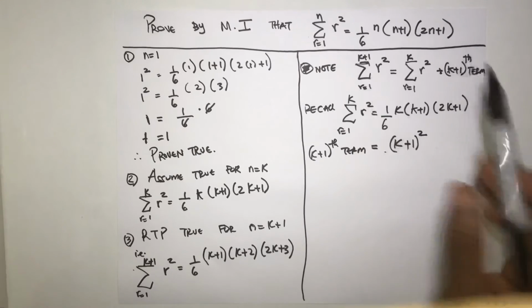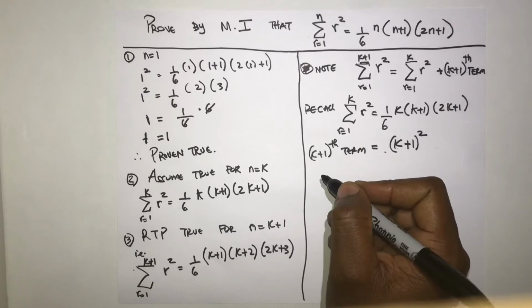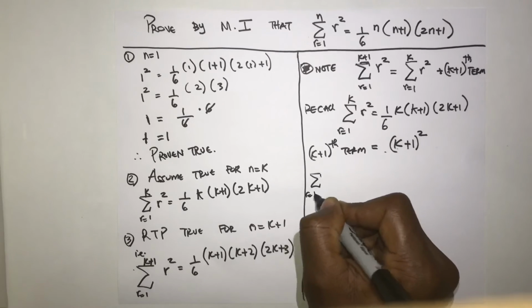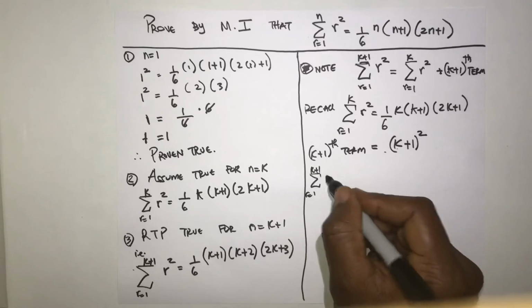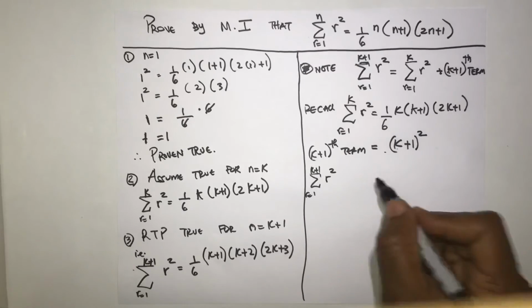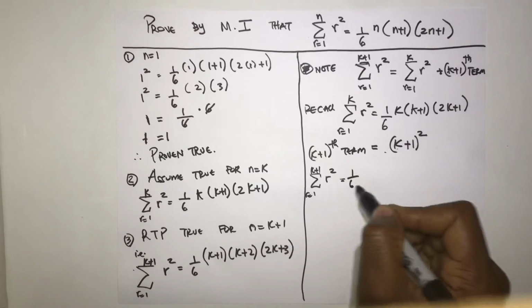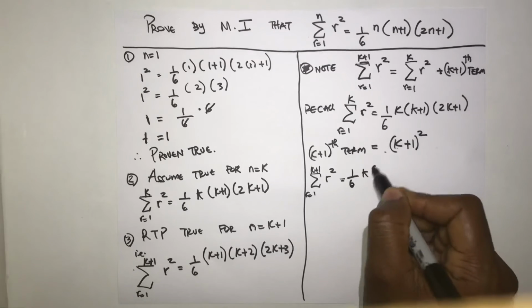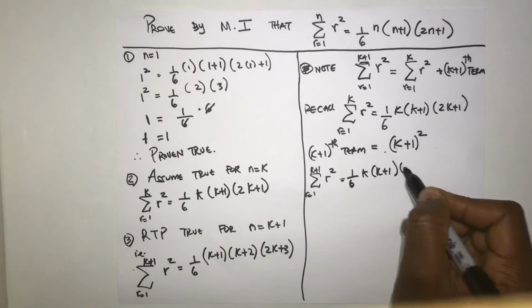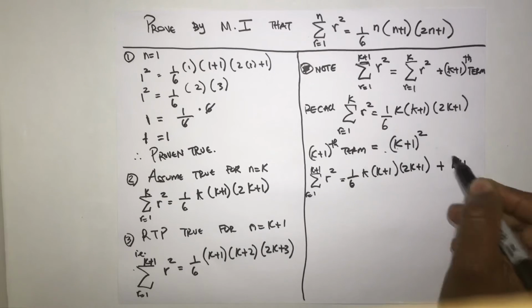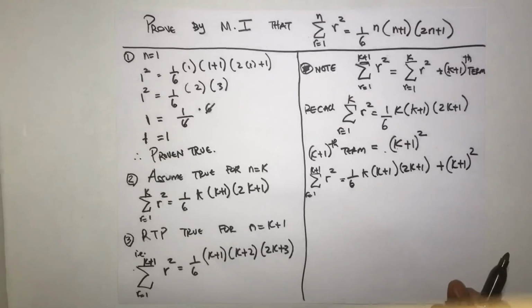Now if we put these together to get the summation of r equals 1 to k plus 1 of r squared, this would be equal to 1/6 k plus 1 2k plus 1 plus k plus 1 all squared, right?